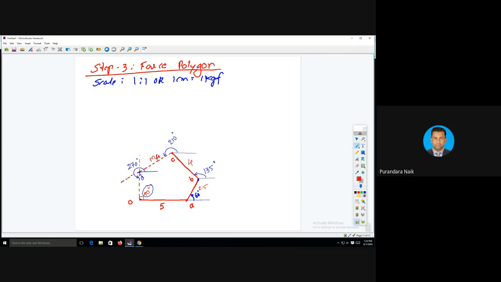Now the length of CD is M4, and the length of OD is M5. Now the calculation. M4 is equal to, from the force polygon figure, the length of CD into scale.